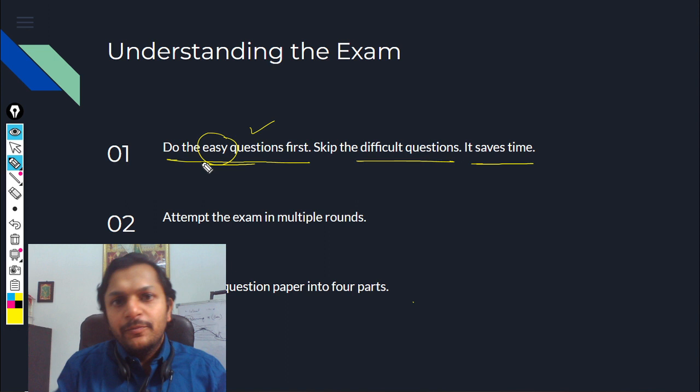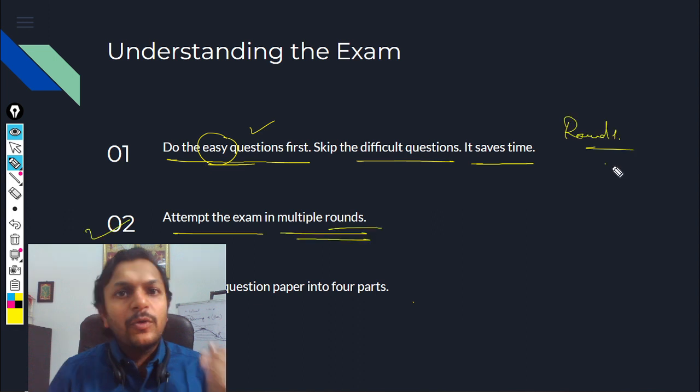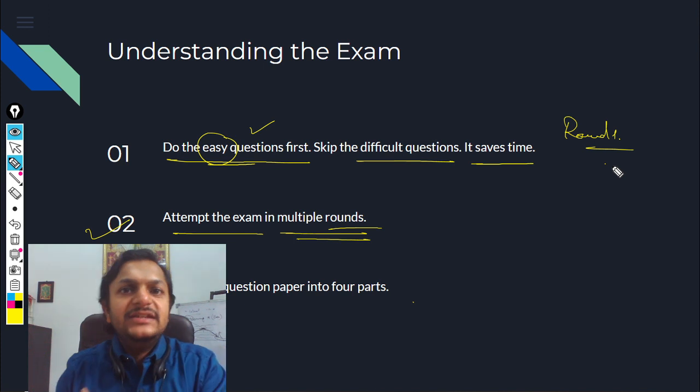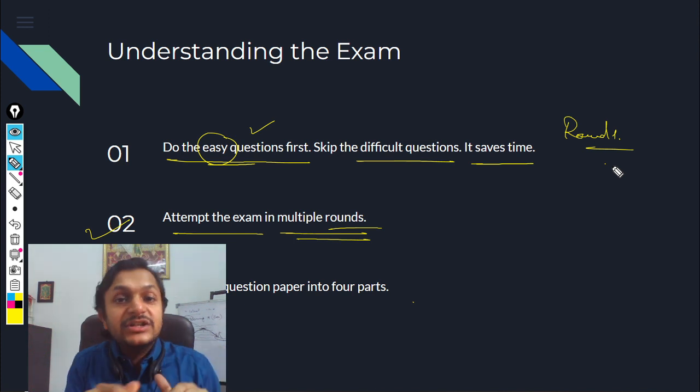And then you come back again to those questions which you have marked as difficult. Now this is the second tip. Attempt the exam in multiple rounds. So this was round number 1, in which you have completed all the easy questions, or all the questions that would have fallen into your kitty very easily.